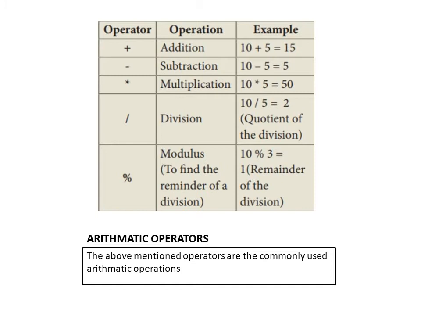You might be new to the modulus operator. It's nothing much. We use it to find the remainder after dividing two operands. That is 10 divided by 3. Though the quotient gives a decimal point, there will definitely be a remainder. To find that remainder, we are using the modulus operator.